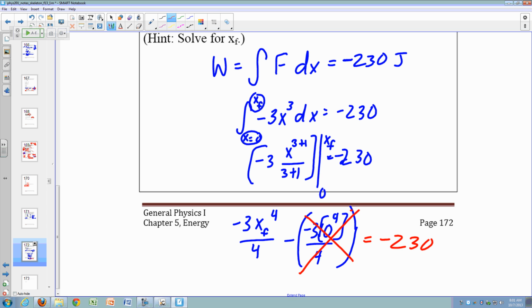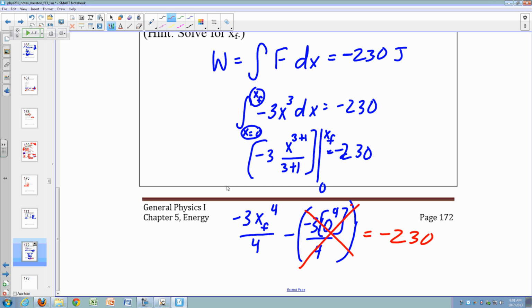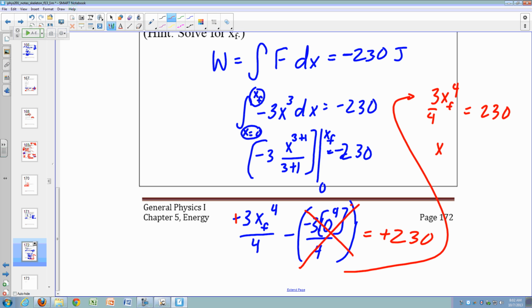Yeah, so if I'm going to solve this now for xf, I'll just get rid of these negative signs, and I get 3xf to the 4th over 4 equals 230. And so xf to the 4th equals 4/3 of 230.